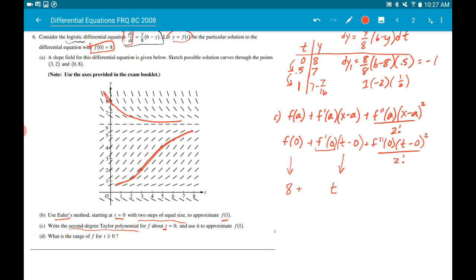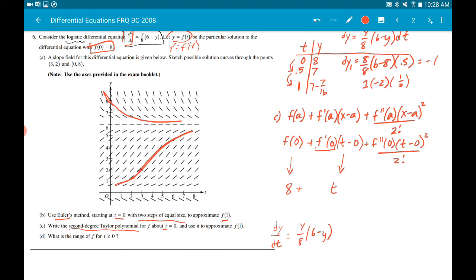So I'll do a little note down here. If dy dt, that means the derivative of y with respect to t. But the derivative of y would be f prime of t. So dy dt is going to help us find this coefficient right here. It's y over 8 times 6 minus y.